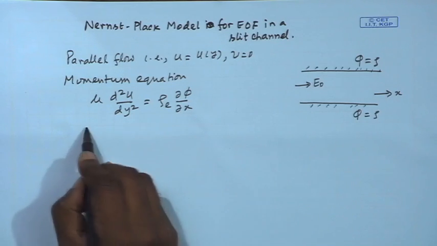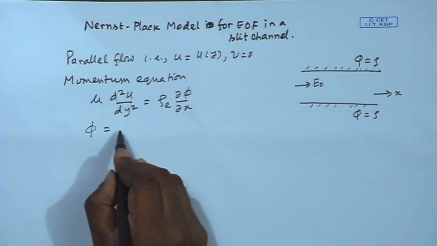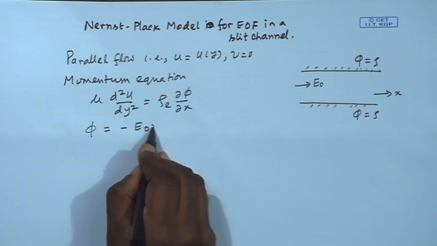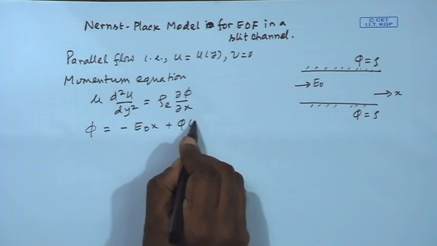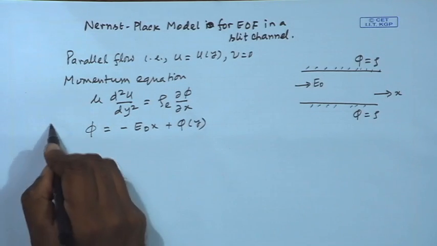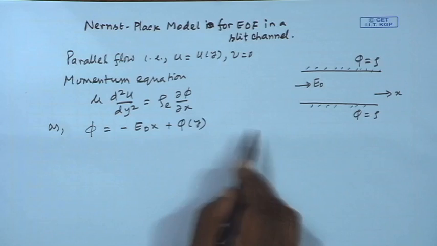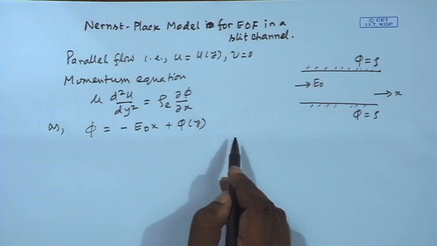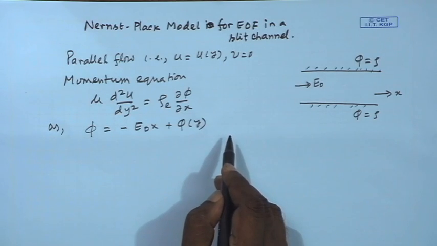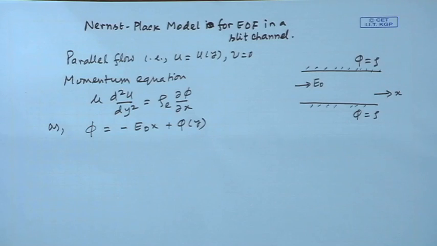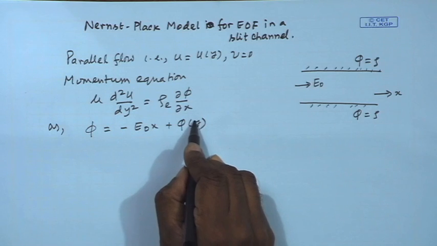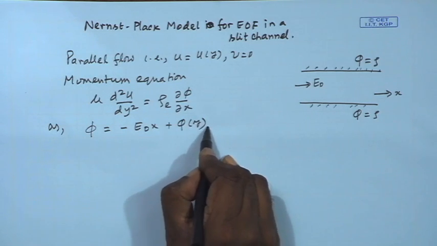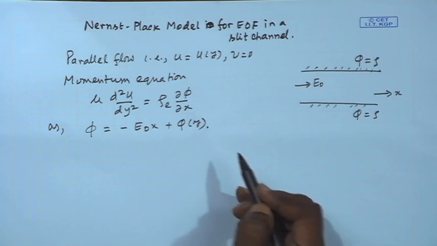Now, phi, as we have already stated, is E0 x plus phi(y), because we are considering a fully developed situation. So, and also we have taken a symmetric electrolyte, not yet. So, this is the induced potential.